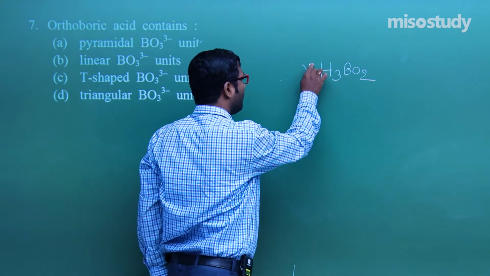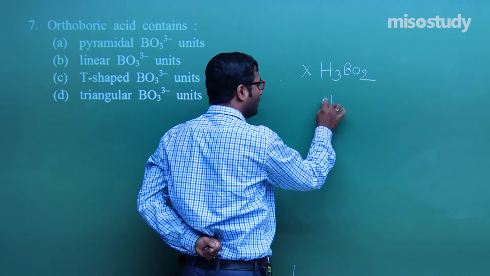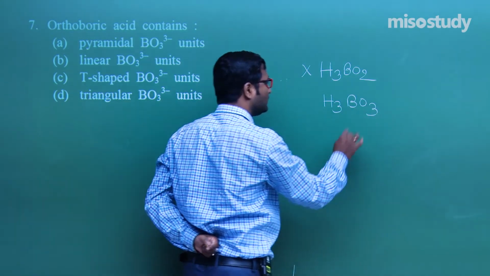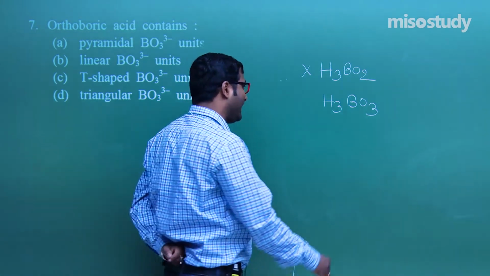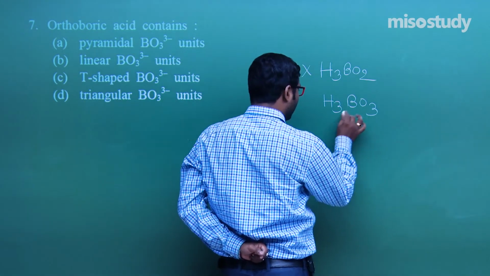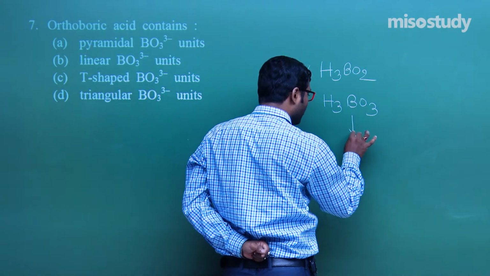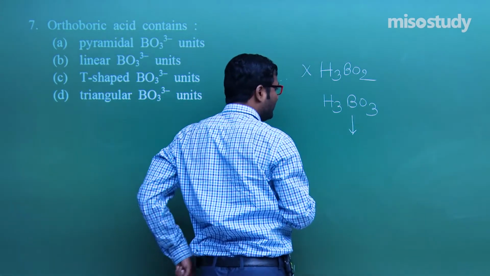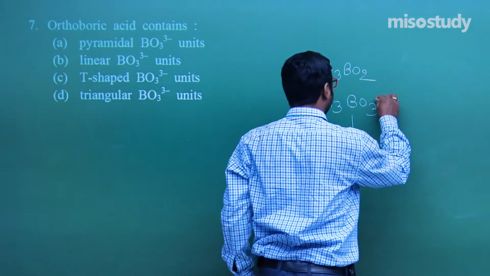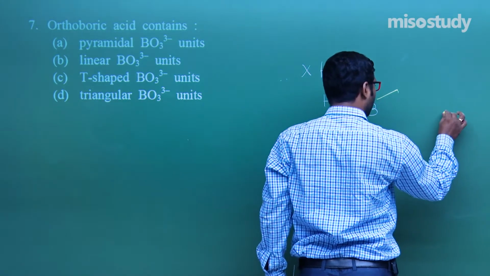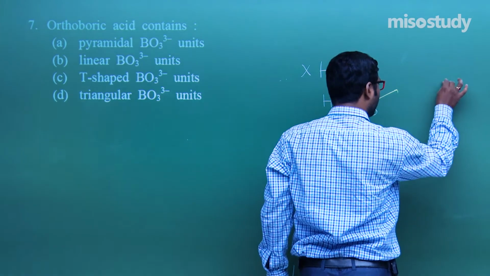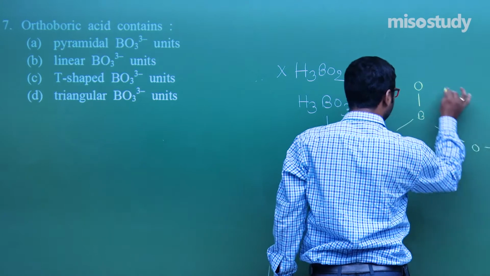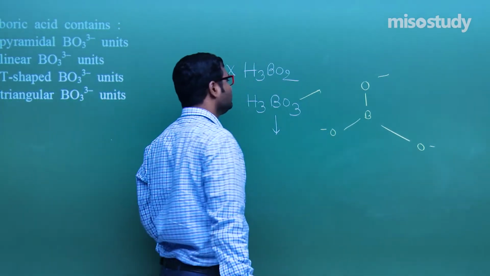This is wrong. The formula of orthoboric acid is H3BO3. Clear? And if I proceed in normal form, how can it be written? Put B here, O here, O here, and this one is O, with minus charges.